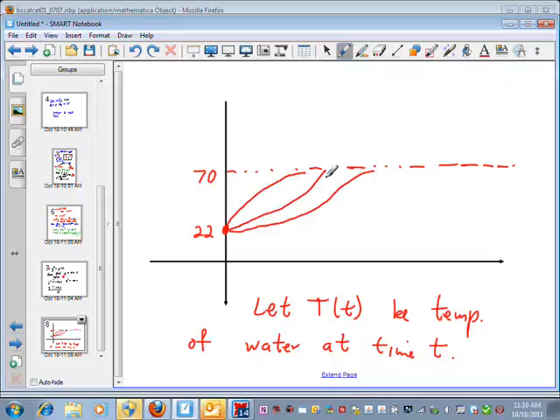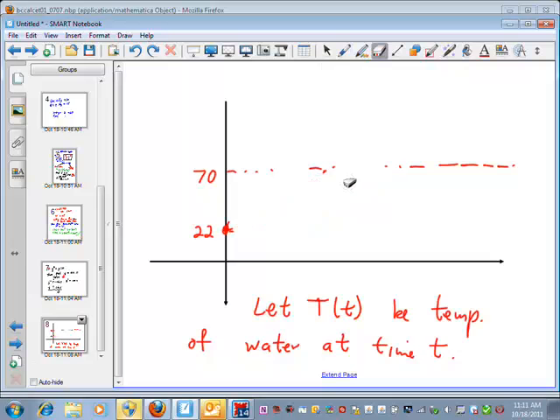Calc 1 was about concavity: this is concave down, that's concave up, that's a little bit of both. But which one should it be for our model?